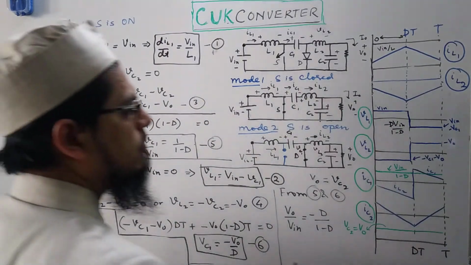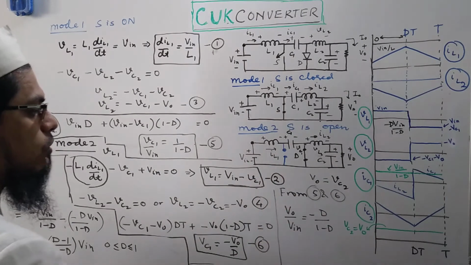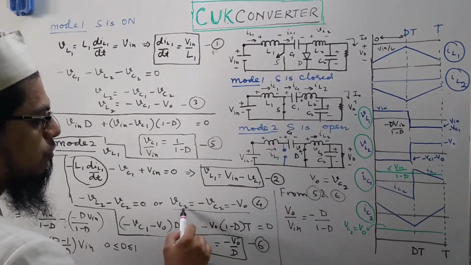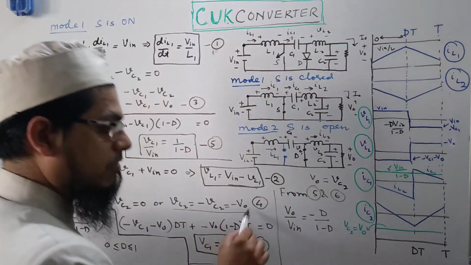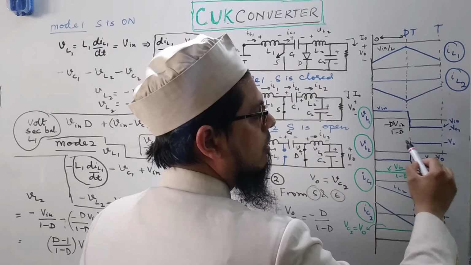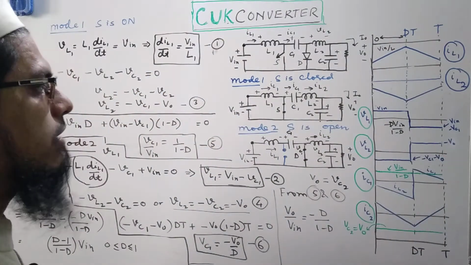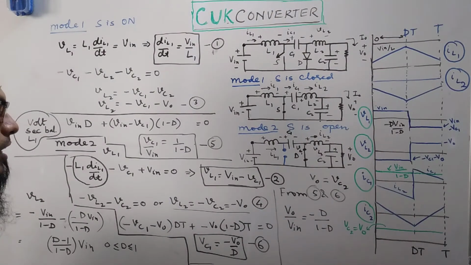What about the value of VL2 in the positive cycle, when the switch is open? For that I had derived it here. VL2 is minus V0, and minus V0 means a positive value again. I have shown it. Now we can find out the current IL2.